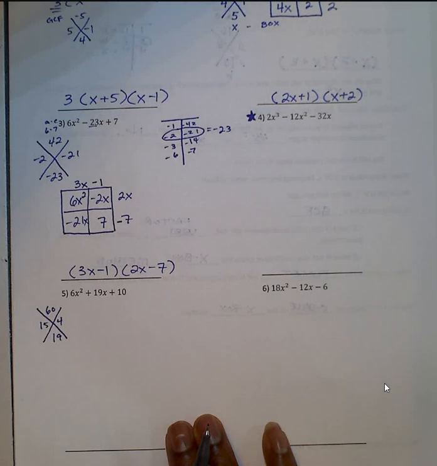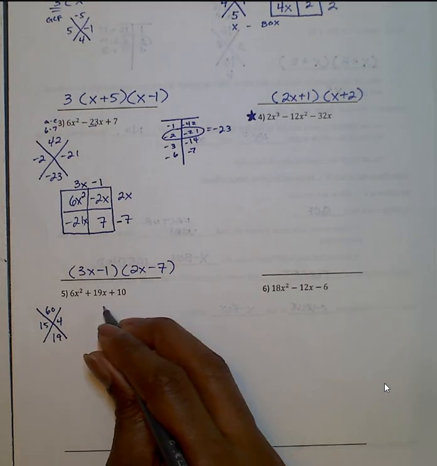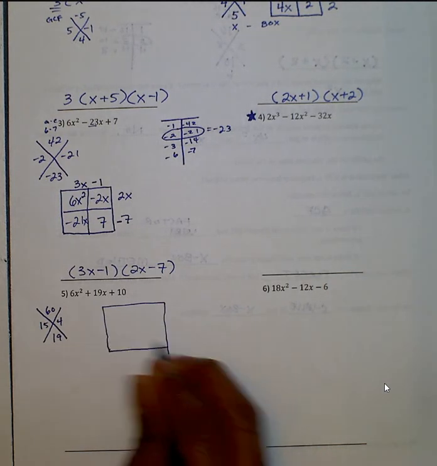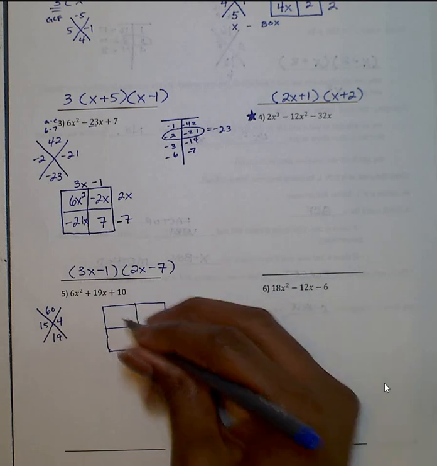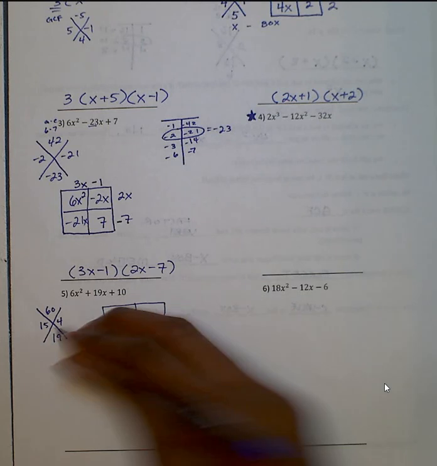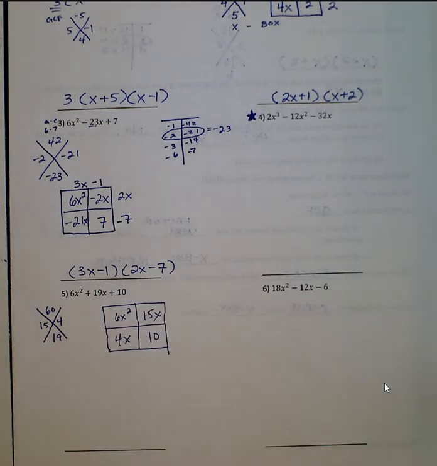And so now I am able to make my box. In my first box, it's going to be 6x squared. Last is 10. Middle, I have 15x and 4x. And so now I'll go through each row and each column and I'll take out the GCF.